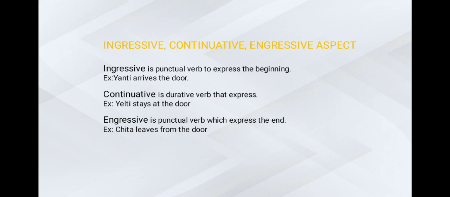Continuative is durative verbs that express continuation. For example, here is: Yanti stays at the door. This is a grammatical aspect representing actions that are still happening. The last is inclusive, a punctual verb which expresses the end. Example: Yanti leaves from the door.